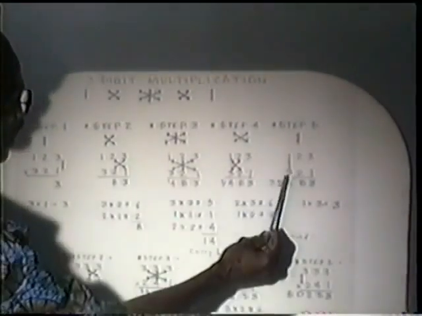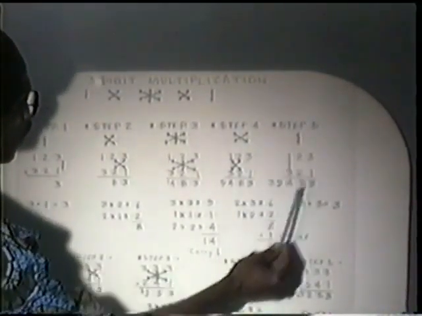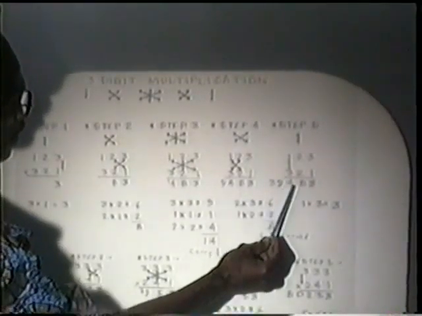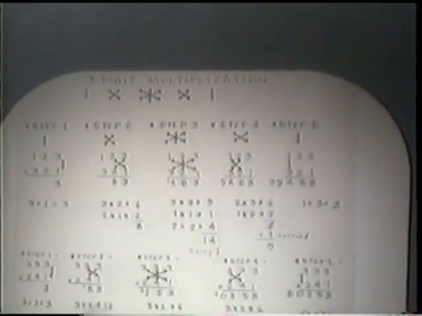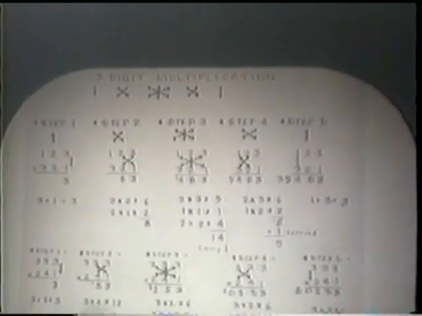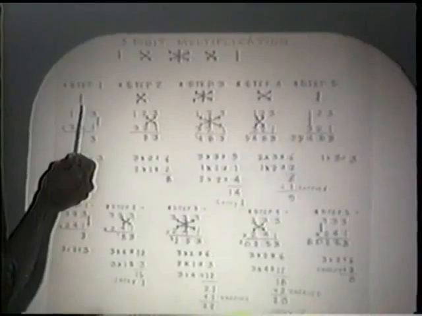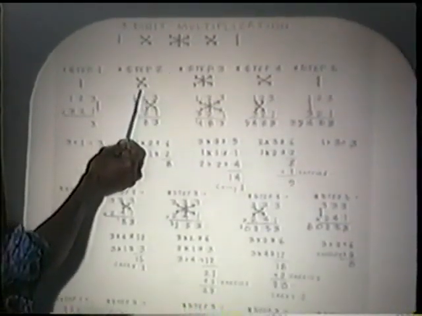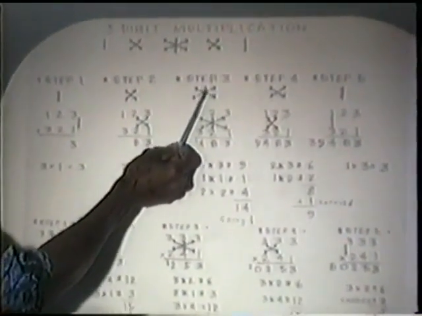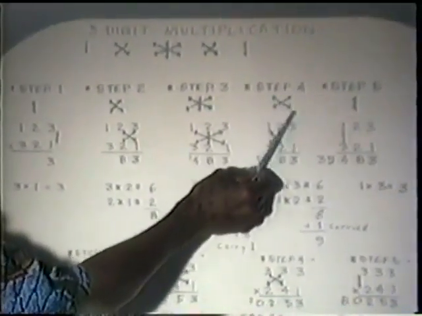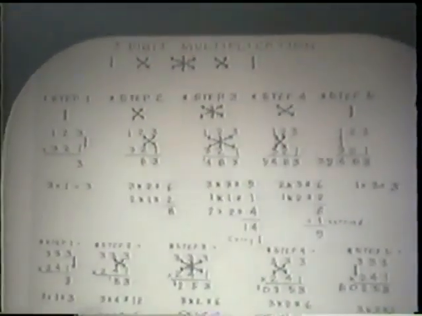The answer to 321 times 123 is 39,483. We cross multiply. We use the fast steps here. We use vertical multiplication, cross multiplication, vertical and cross multiplication, vertical multiplication. We got the answer.